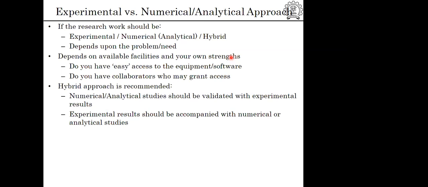Are you good at hands-on experience, or are you good at simulation work? Or you have not decided. If you have not decided, then of course a PhD is a good time where you can learn new skills and use them. So besides your own strength, you need to find out the easy accessibility of the equipment and software.